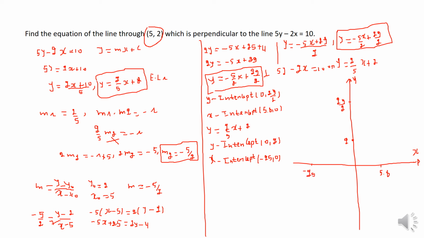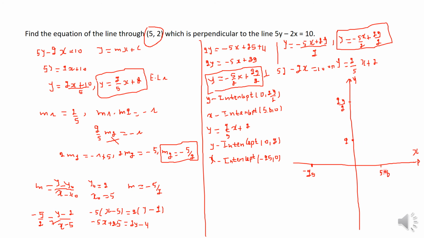So you can plot this point, here we have point 0 and 29 over 2. Another point here we have 5.8 where y is equal to 0. So now you can draw a line joining these points like this.